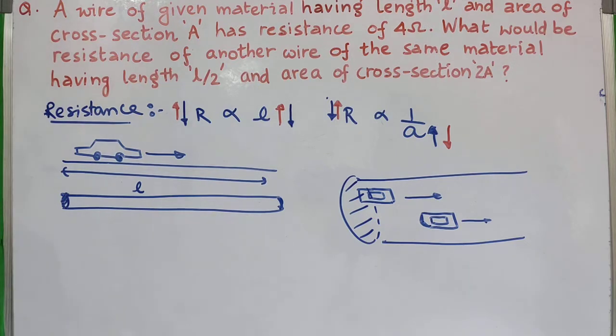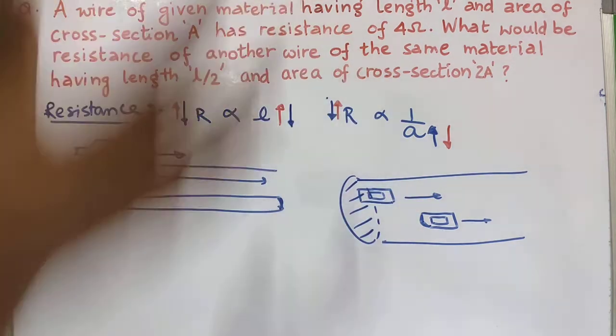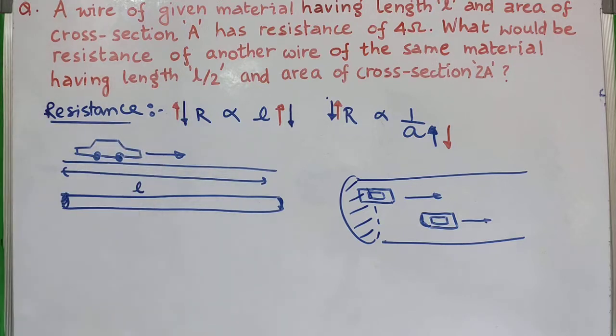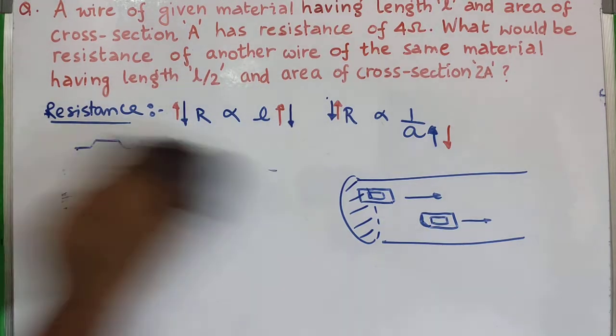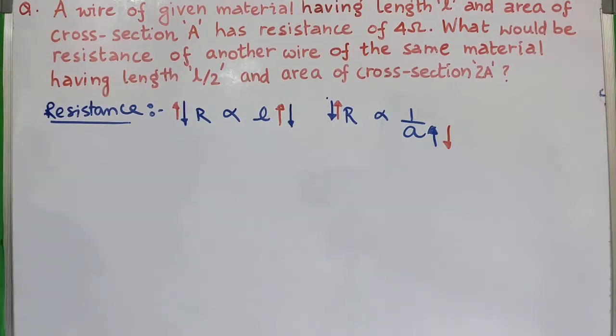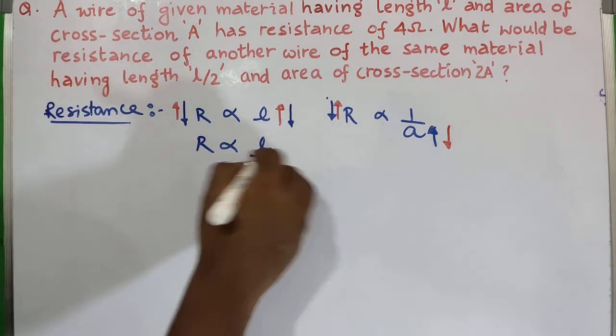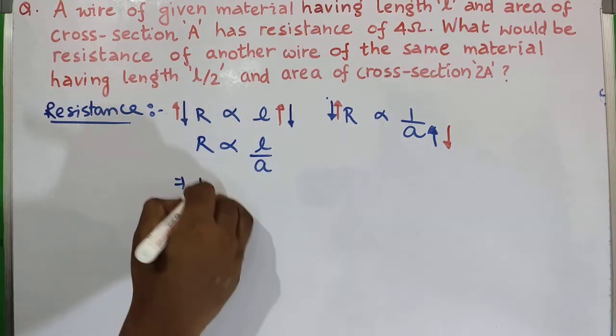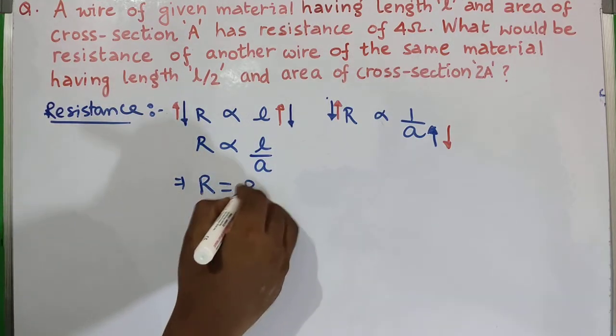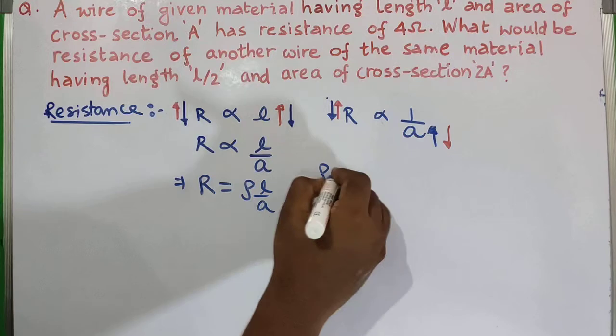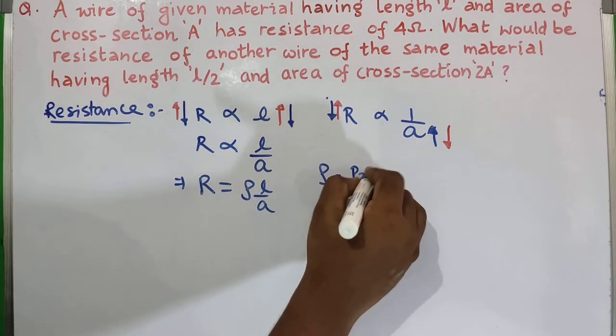In the same way, in electricity, if the area of the conductor is large, the resistance is going to be small. So if you have understood this, we can write resistance is proportional to L by A. So we will get resistance is equal to rho L by A, where rho is the proportionality constant.